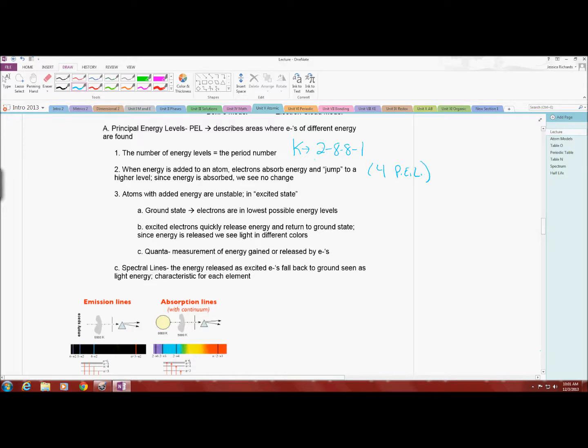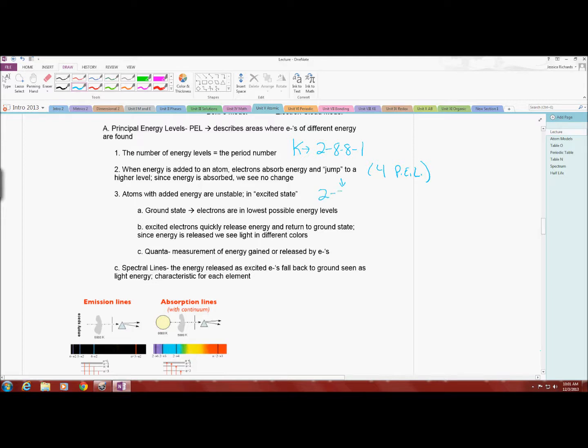And what happens is these electrons, because remember they're moving in regions called orbitals, they're not stuck, they're not in fixed paths, they can move from one to the other. So if we give it some energy, if we heat it, or if we add electricity to it, they can jump to a higher level. So for example, as long as we have that same number of electrons, so here potassium has 19 electrons, he's neutral.